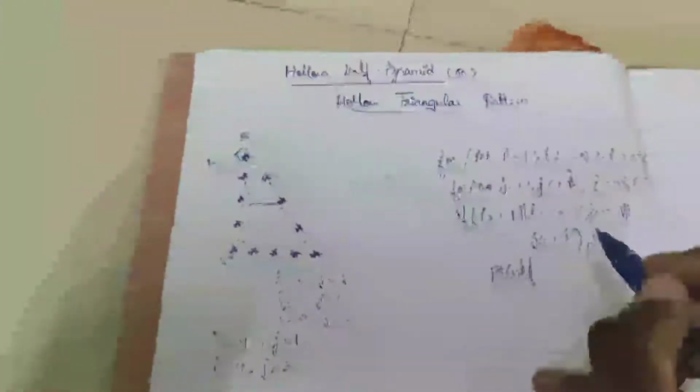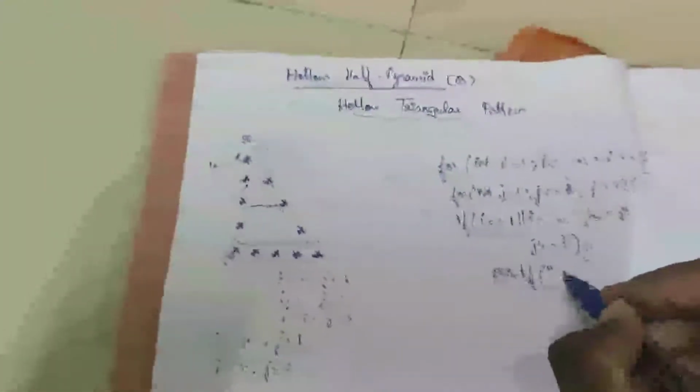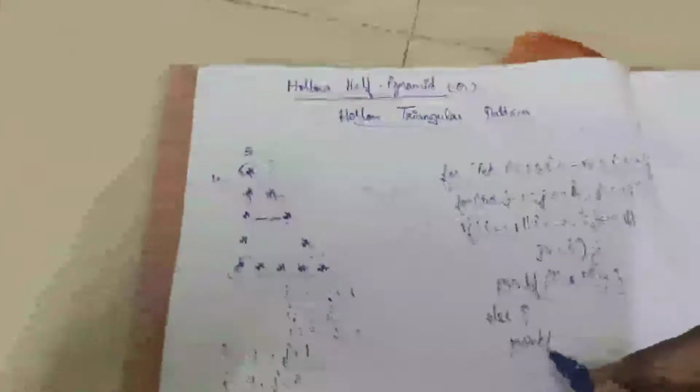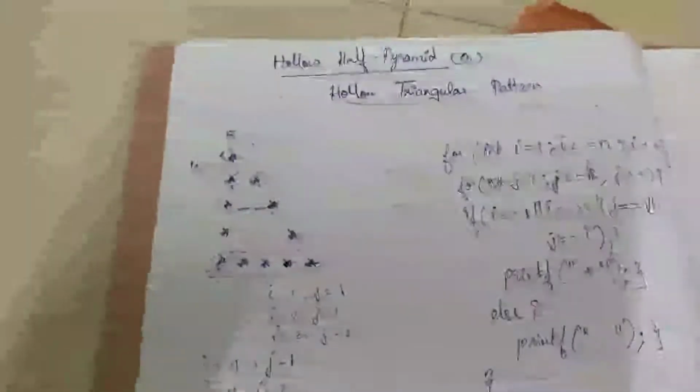So when this condition is satisfied I print a star, else I need to print a space. Fine. So when we execute this for loop we can get this type of pattern out of n terms.